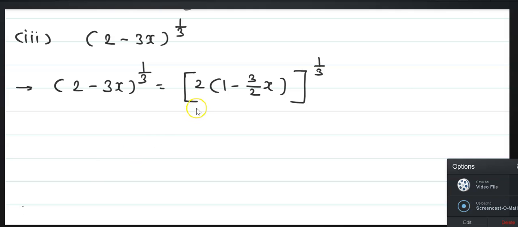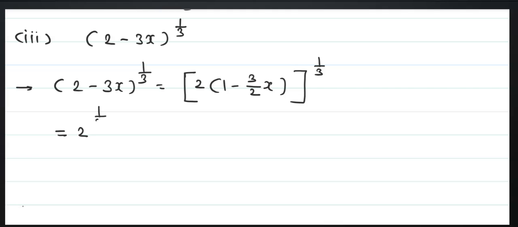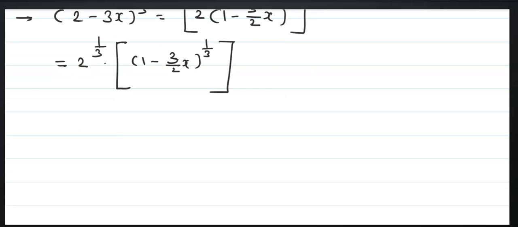And if we take 2 as common, then in the bracket you will get 1 minus 3 upon 2 x, raised to 1 by 3. Now we will expand here. 2 raised to 1 by 3, (1 minus 3x upon 2) raised to 1 by 3.